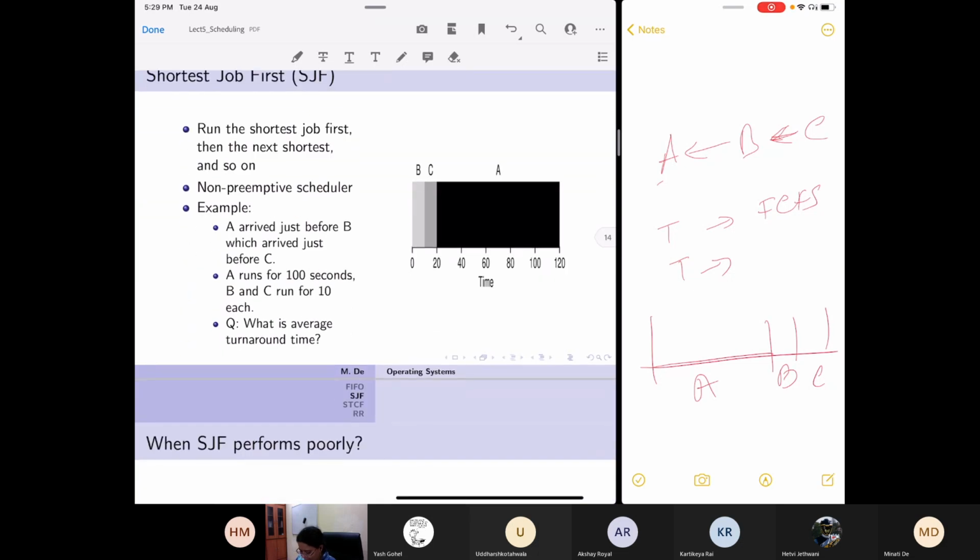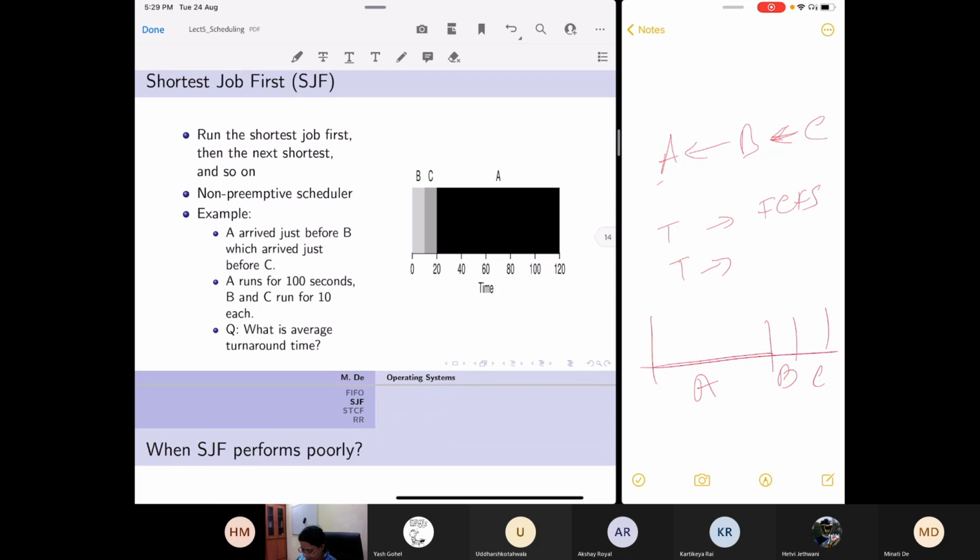Okay, now the next question is, can you give me some example where shortest job first will also perform very poorly? You don't need to compare with respect to first come first serve, but shortest job first itself will perform very poorly.